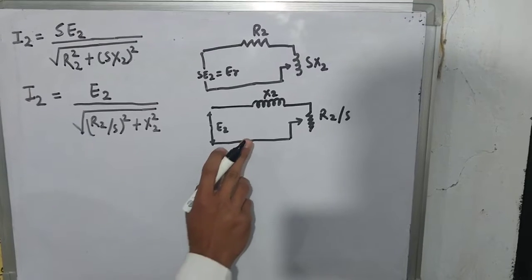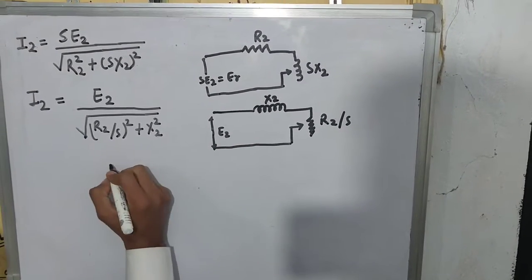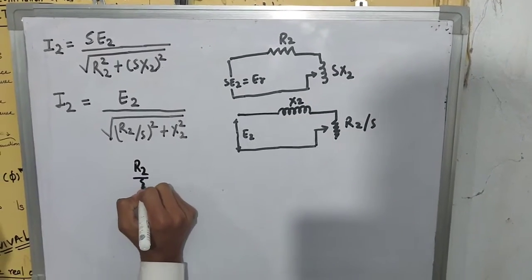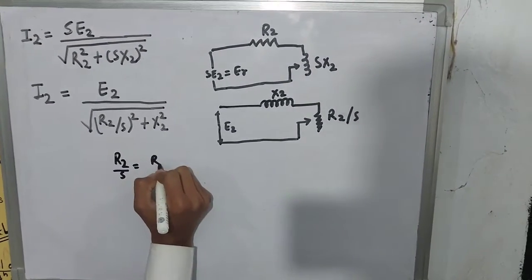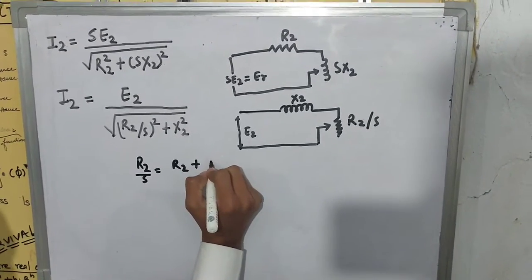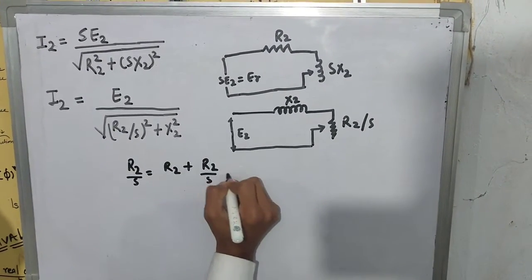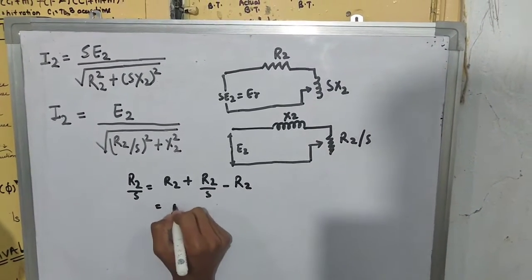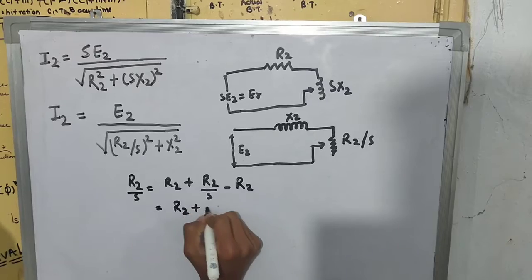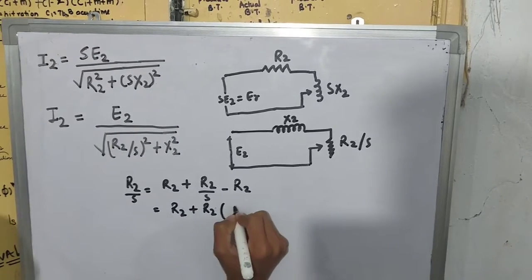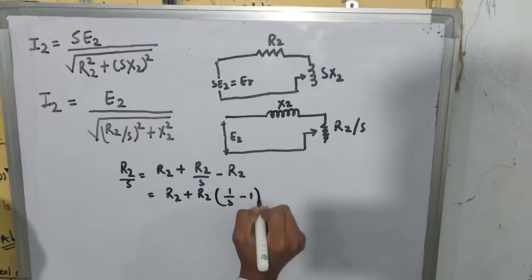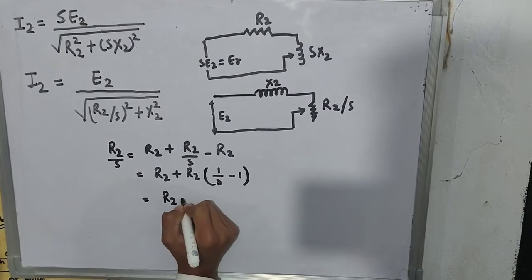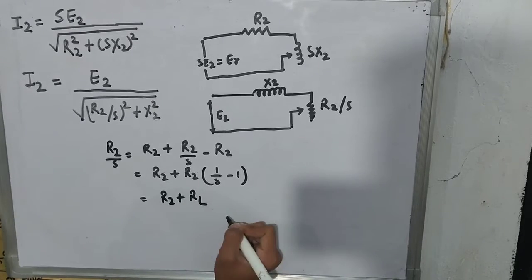Now we modify the equation of this circuit: R2 by S equals R2 plus R2 by S minus R2. So R2 plus R2 (1 by S minus 1). So this becomes R2 plus RL.